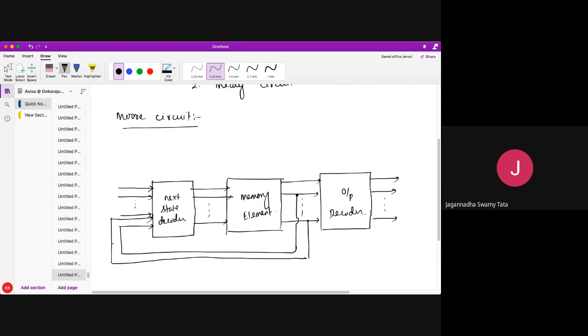Okay, so this is the block diagram of Moore circuit, with input and output.